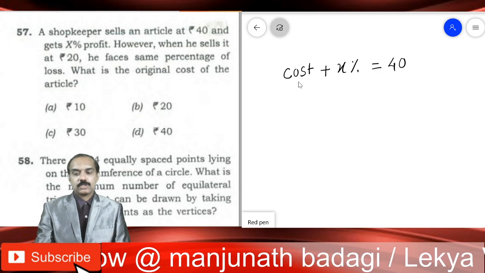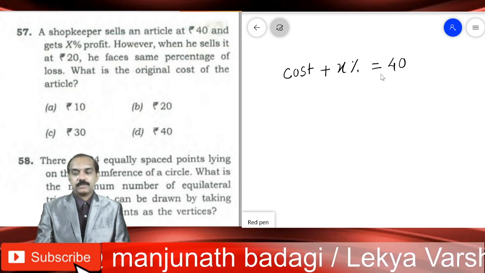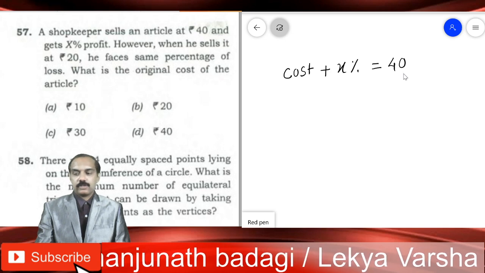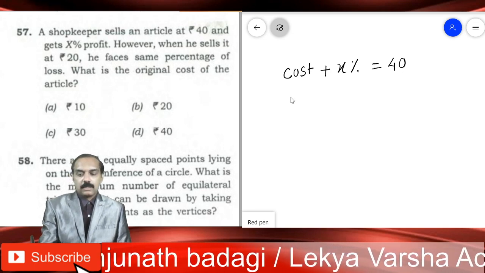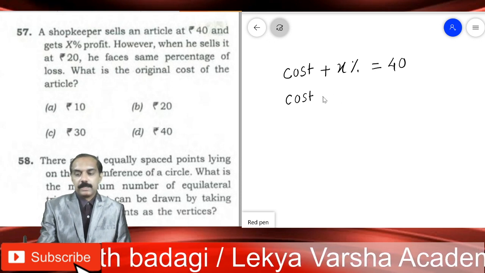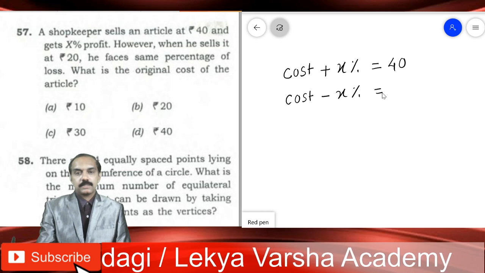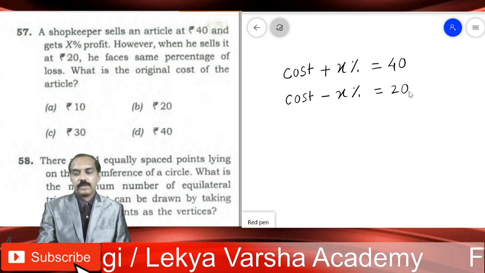He bought it, and he is keeping X% margin, and he is selling it at 40 rupees. We don't know for how much he bought, and if he suffers a loss of X%, then he will be forced to sell it at 20 rupees.